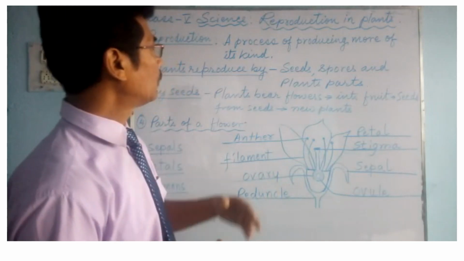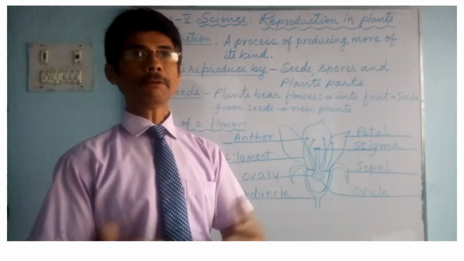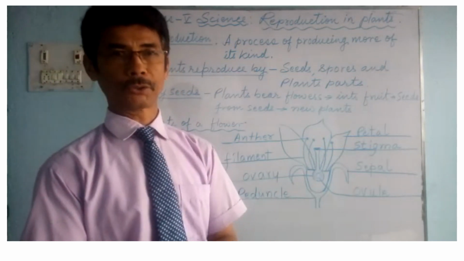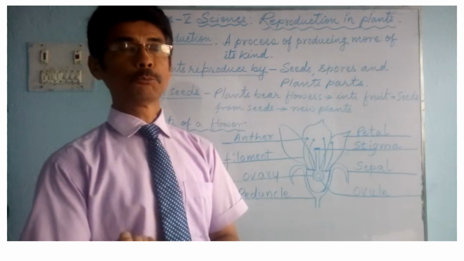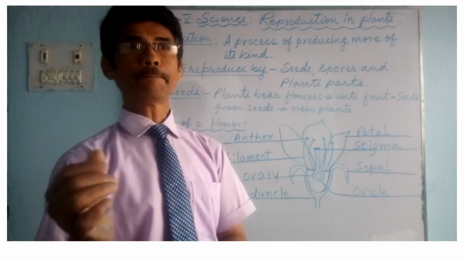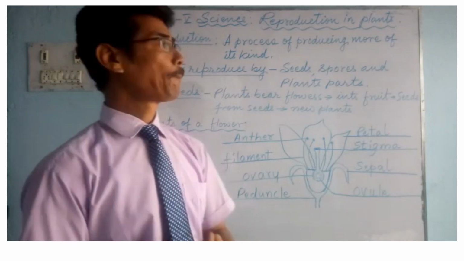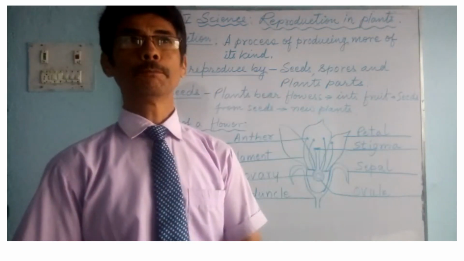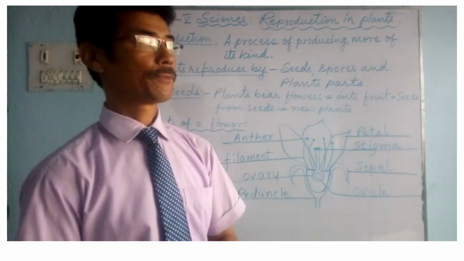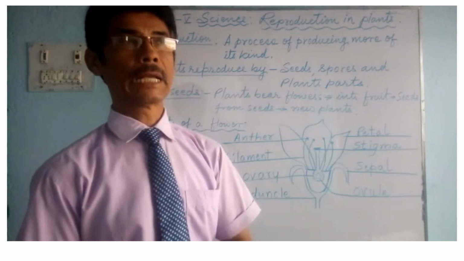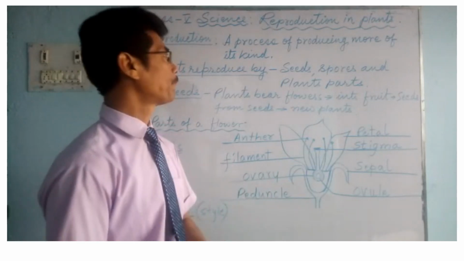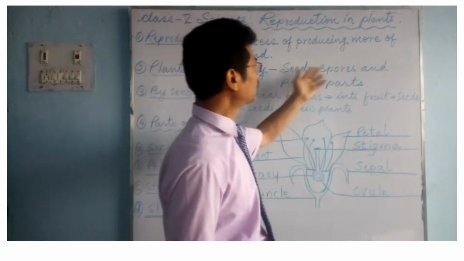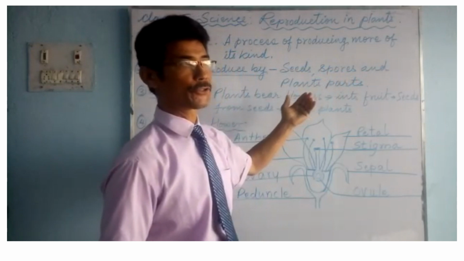Second, spores. Some of the plants do not bear flowers and seeds, they have spores. Spore means dust-like powdery substance. And some plants reproduce by their plant parts such as stem, roots, leaves and so on.